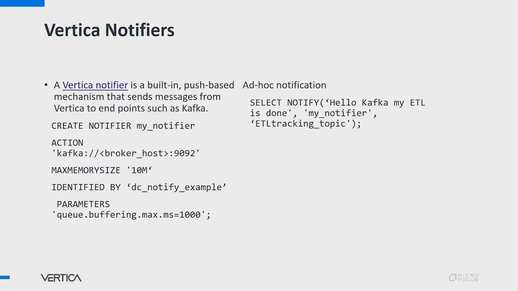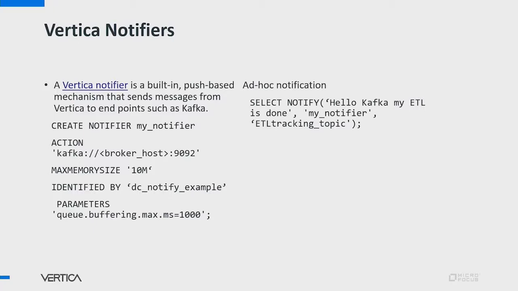In this case, we say identified by dc_notify_example. And once the notifier is defined, we call the function NOTIFY. This is a pretty straightforward example where we pass the message to be sent to Kafka, then the notifier name and the destination Kafka topic. So this is how we can use notifiers manually.